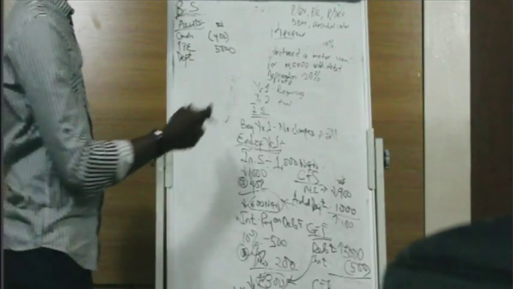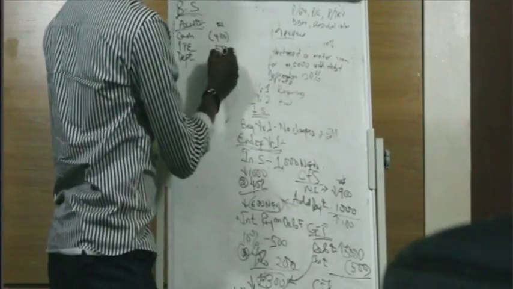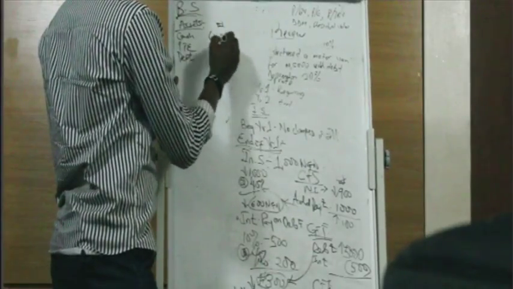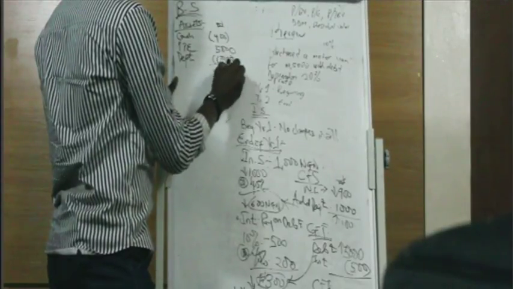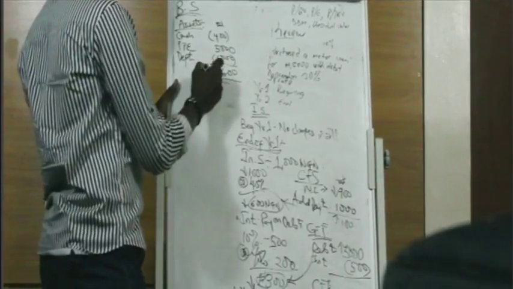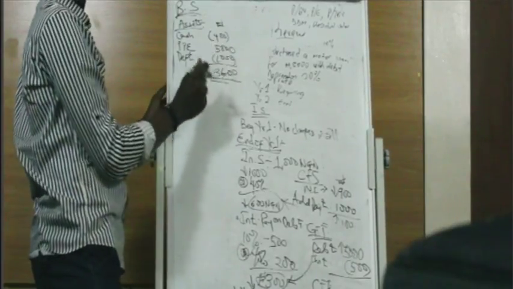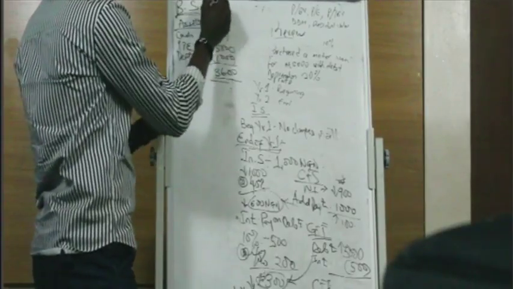Subtract it. From that you have the depreciation, that would be 1,000. That would give you what? Is it all for assets? Finish it. Then this is for year one.